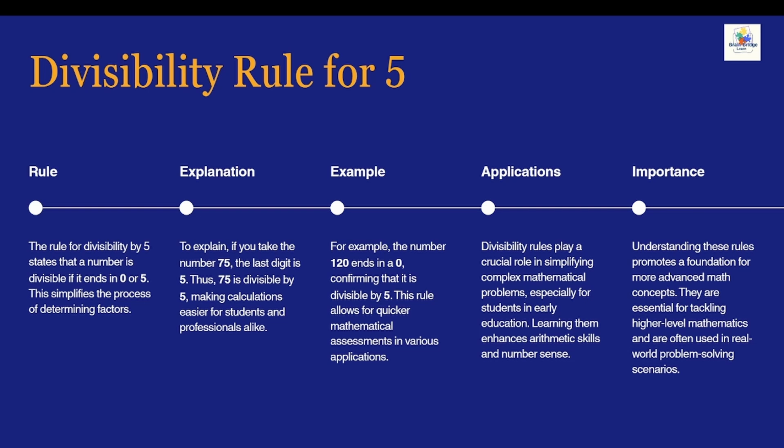To explain, if you take the number 75, the last digit is 5. Thus, 75 is divisible by 5, making calculation easier for students and professionals alike. For example, the number 120 ends in 0, confirming that it is divisible by 5. This rule allows for quicker mathematical assessments in various applications.